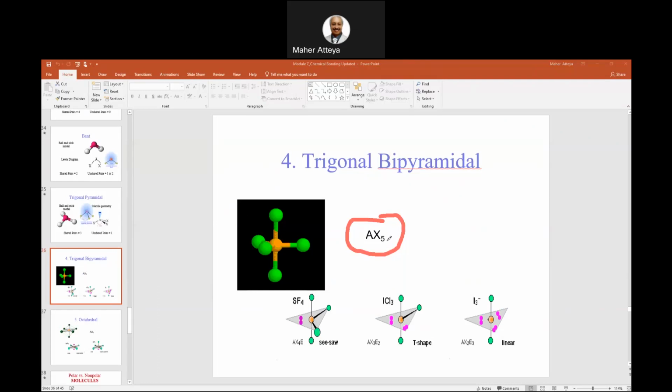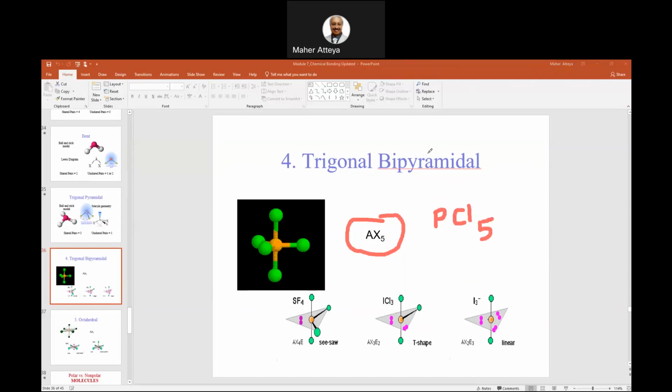This is AX5, correct? So, for example, it is BCl5. Somebody will name for me this compound.